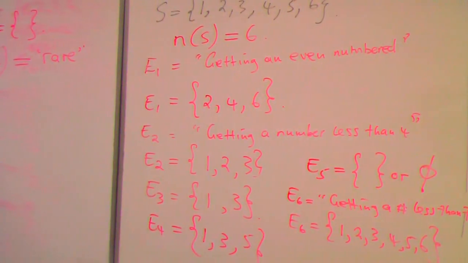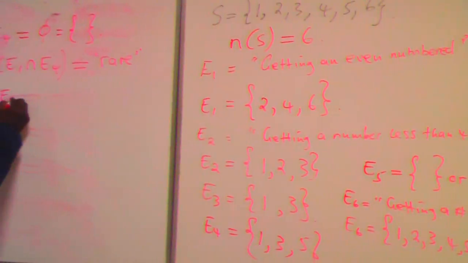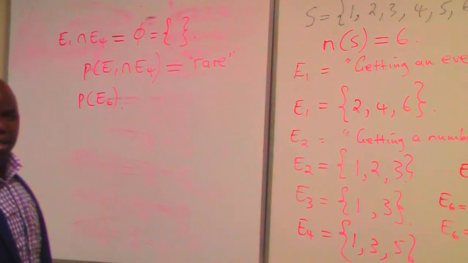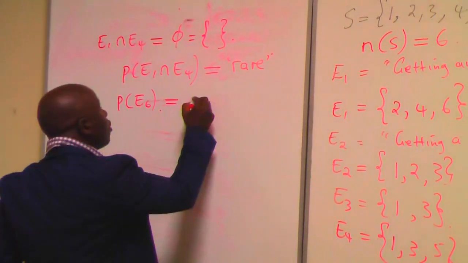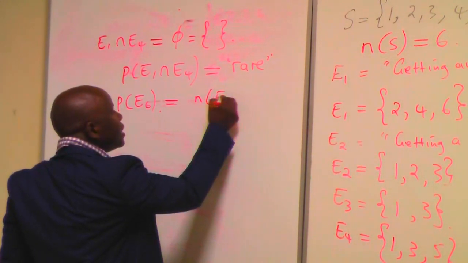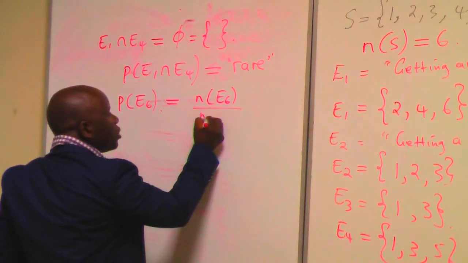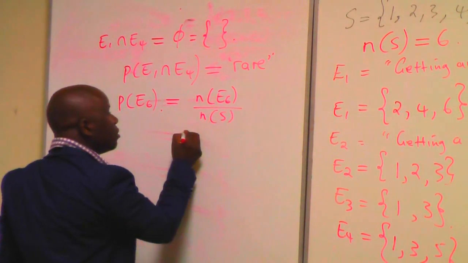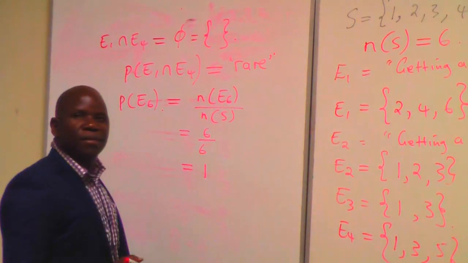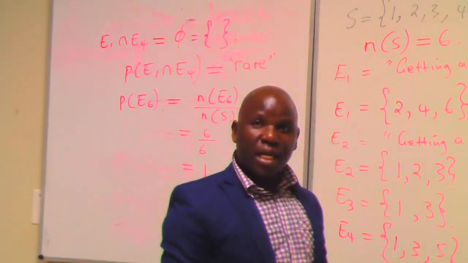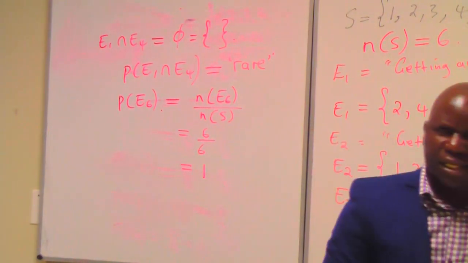Now, what is the probability of getting a number less than 7? In other words, we are looking at the probability of E6, a number less than 7. Using the same formula, it will be the number of elements in E6 divided by the total number of elements in the universal set, which will be 6 over 6, which will give us 1. You see, ladies and gentlemen, we are getting 1 because it is a sure event.